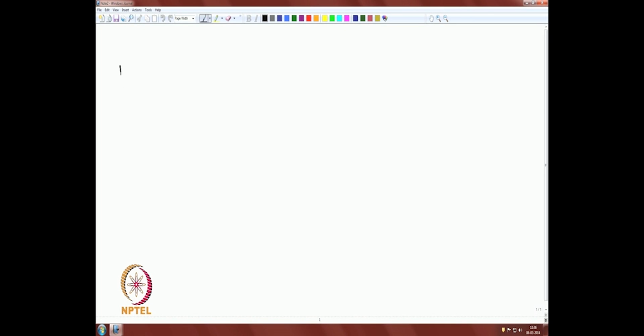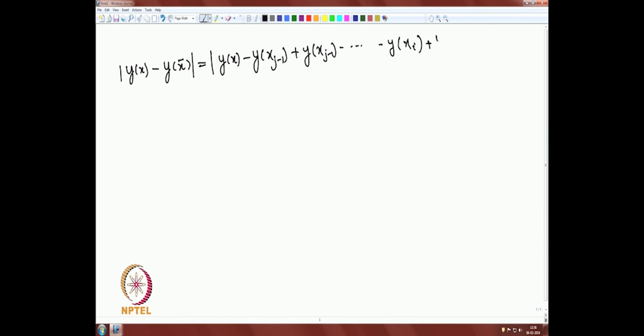That is, consider y of x minus y of x tilde is equal to y of x minus y of x j minus 1 plus y of x j minus 1 minus, and so on, minus y of x i plus y of x i minus y of x tilde.